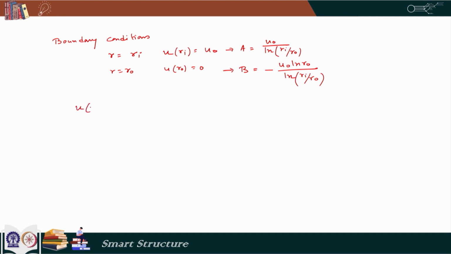So, finally, my u as a function of r becomes u 0 divided by natural log of r I by r 0 multiplied by natural log of r by r 0.